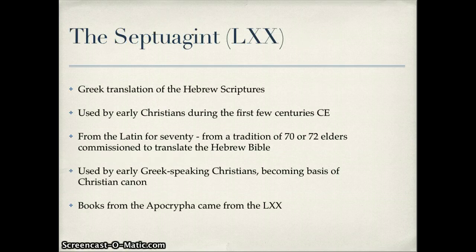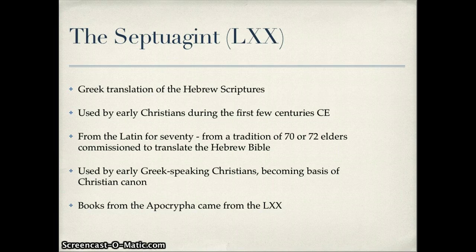The Septuagint, once again, is a Greek translation of the Hebrew Scriptures. Why did that have to happen? Well, you'll learn from the lecture on the history of the people of Israel that with the conquest of Alexander the Great in the 4th century BCE, when he brought along Greek culture and Greek language and Greek everything, the Jews began to speak Greek, and the use of Hebrew began to fall out of use.